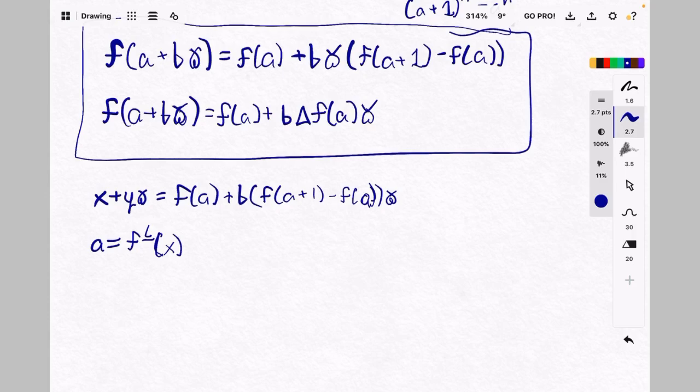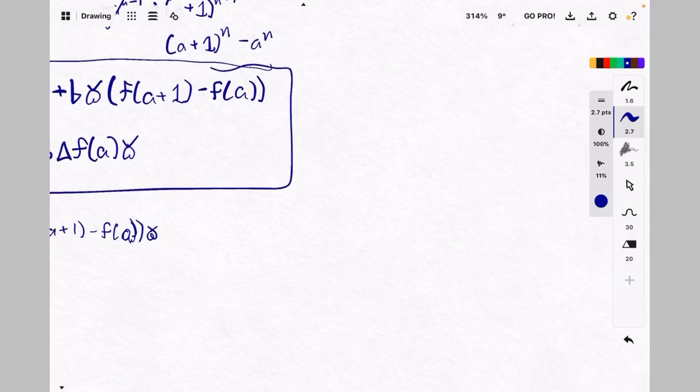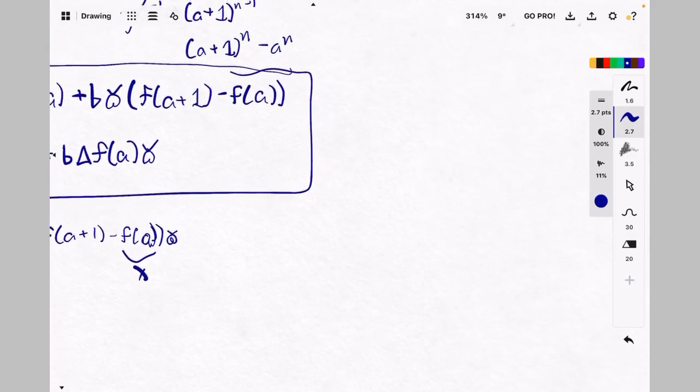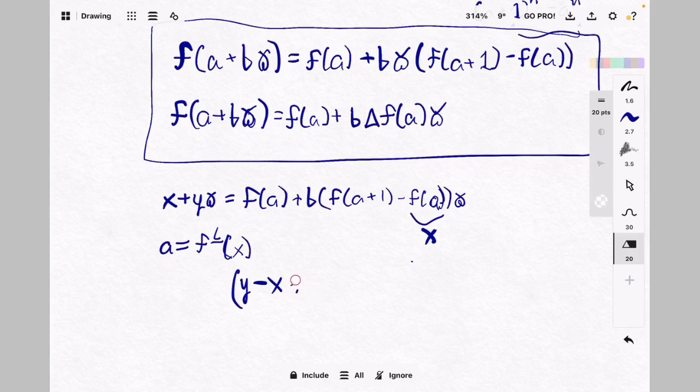For b, also pretty easy. This f of a, remember, is just x.